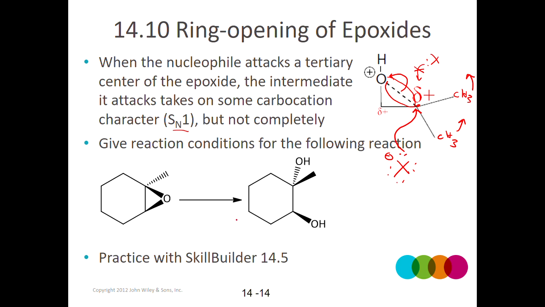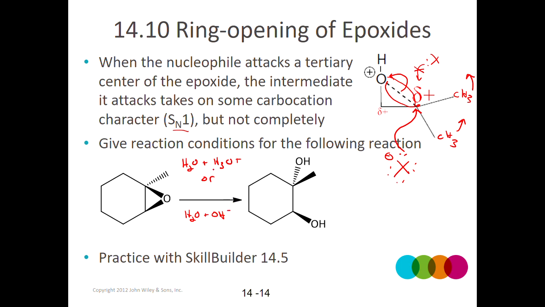All right, so what we want to do is pay close attention to stereochemical outcome. Last semester we learned how, if you have an epoxide and you want to open it up and create a diol, you can use water and H3O+. This semester we've learned you can also use water and OH-.